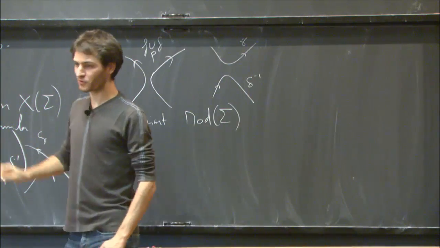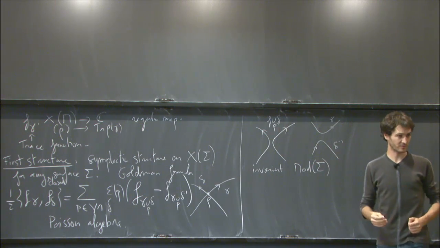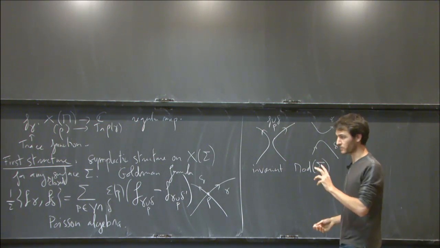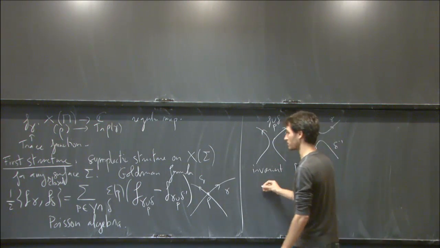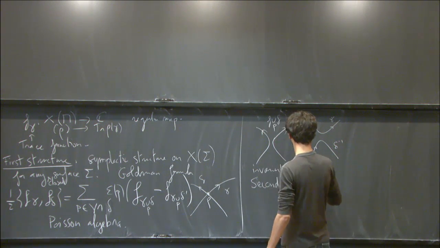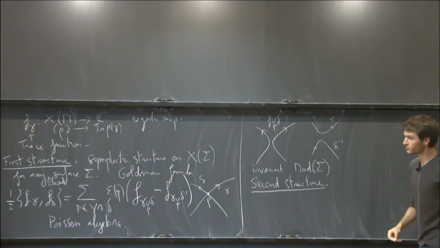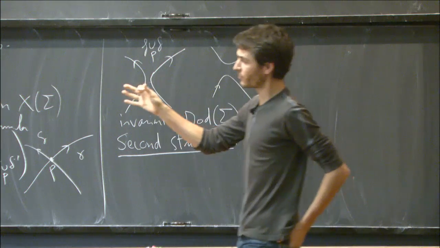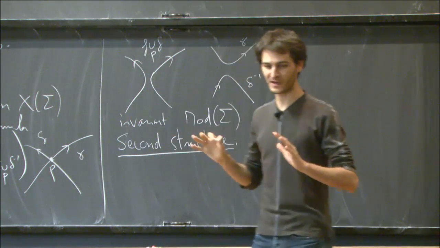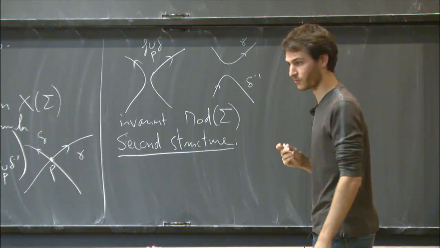And let me skip to another one, which is not as well known as this Poisson structure, and which concerns three manifolds. So the second structure: I would like to show you that once you take a three manifold which is not too badly behaved, then there is a natural volume form on the character variety.